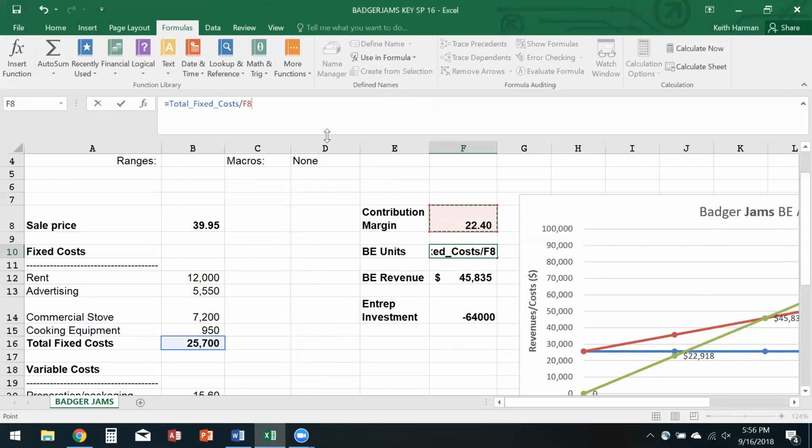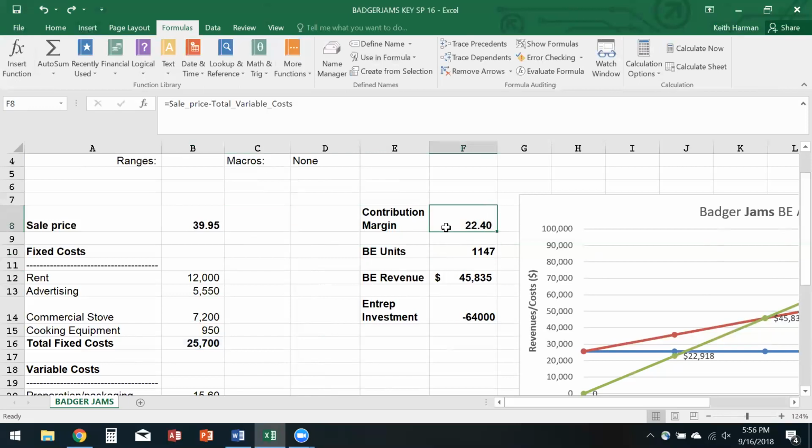Now, instead of that cell reference, I want to put in contribution margin. Okay, and I hadn't done that, so let's stop for just a minute. Now we'll go ahead and name that the contribution margin. We'll escape this for just a second.